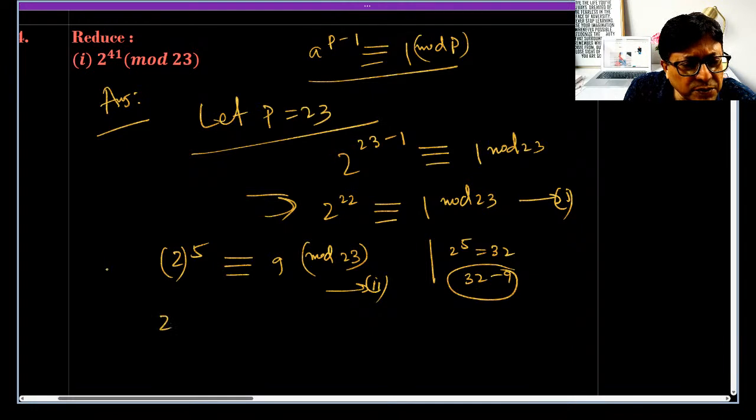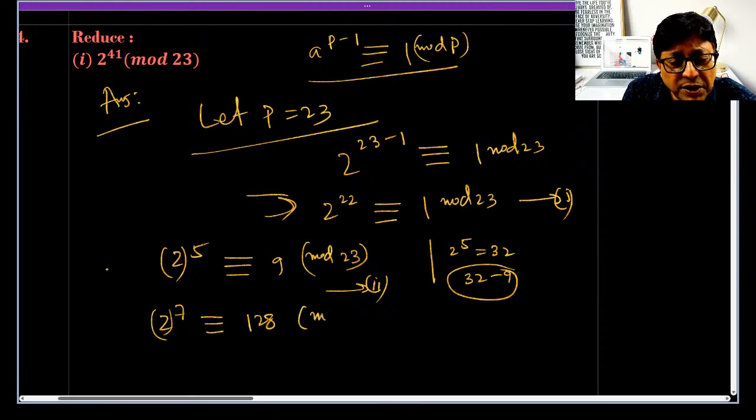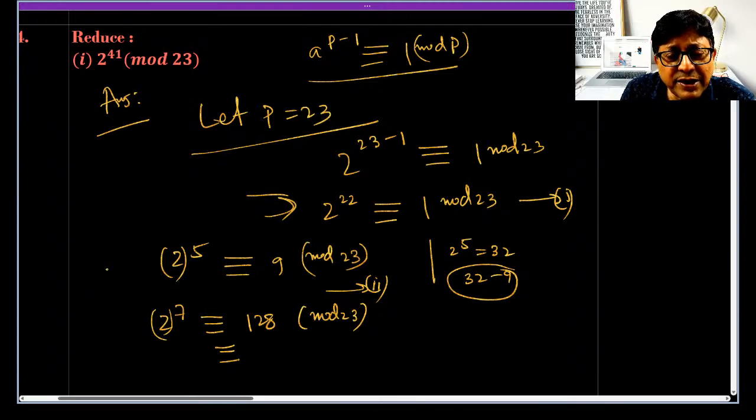Start with 2 to the power 7. Take a bigger one. 2 to the power 7 is congruent with what? 128 mod 23. Divide 128 by 23, and it comes to 8.